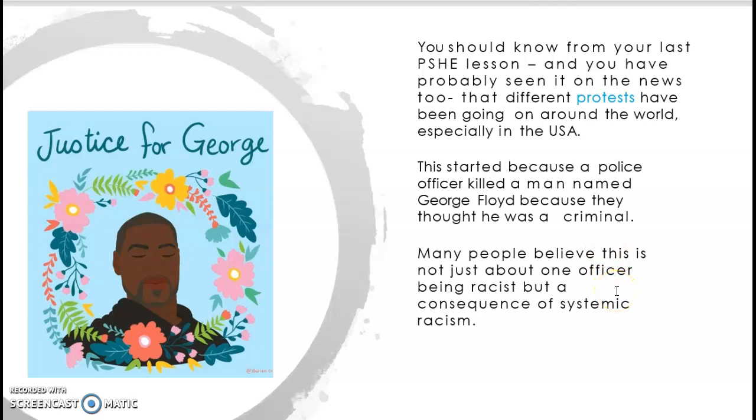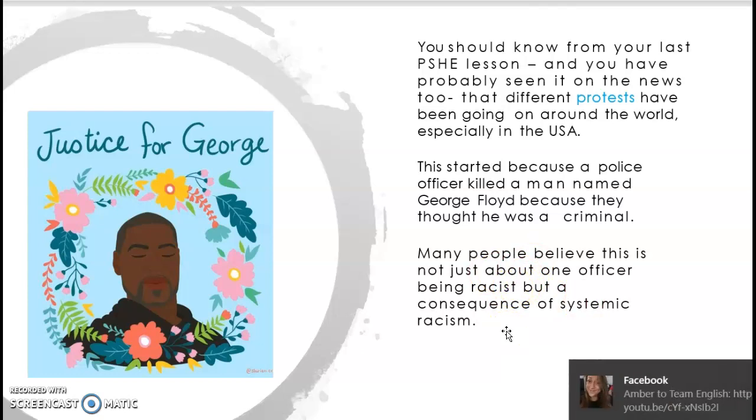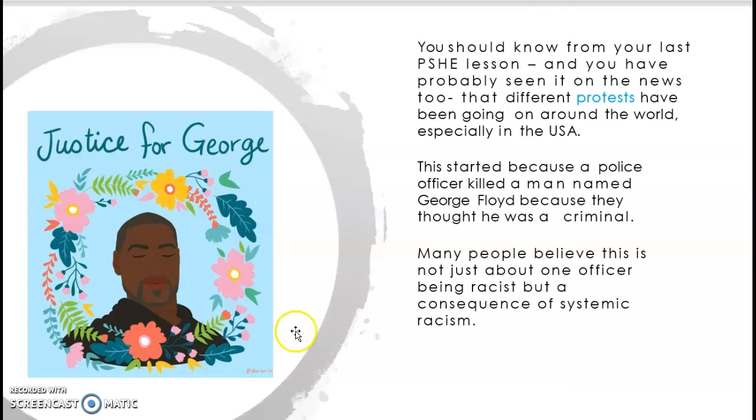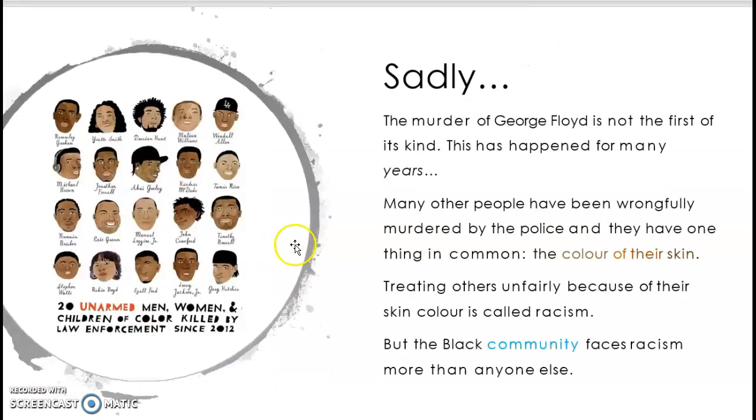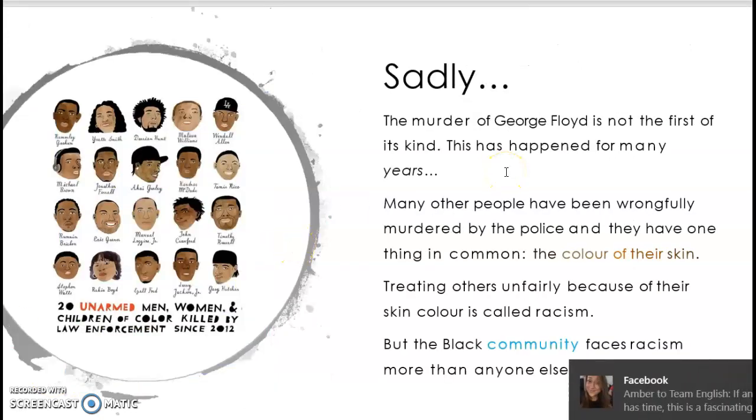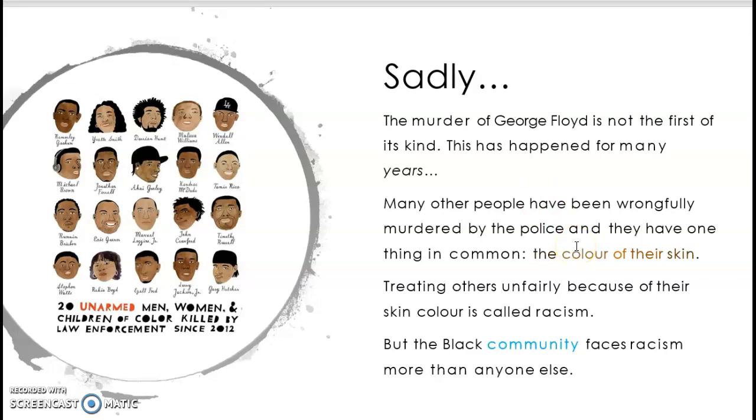Now, it may well be that that officer was racist, but a lot of people believe that it's not just about one officer being racist, it's about systemic racism. It's about a whole society and system of beliefs which can actually be really negative to all of us. And sadly, George Floyd is not the only one. He's first of many. Many people have been wrongfully killed by the police because of the colour of their skin.